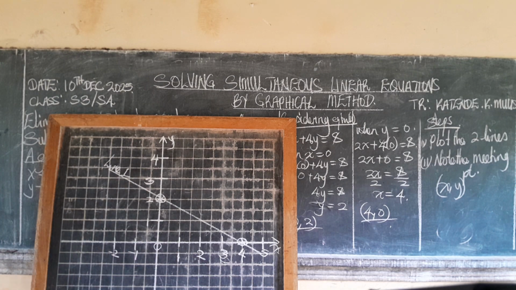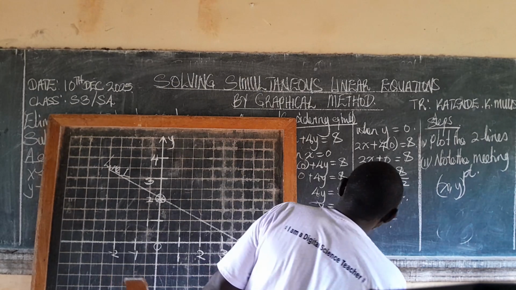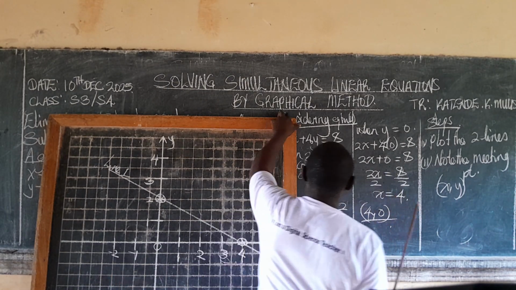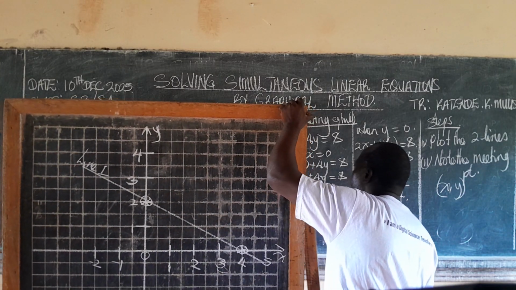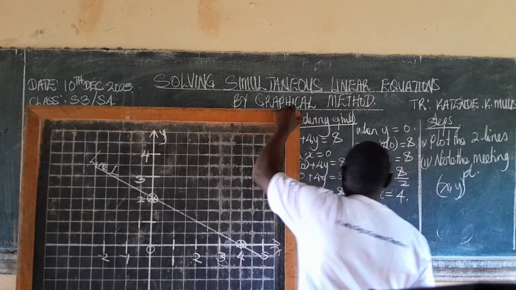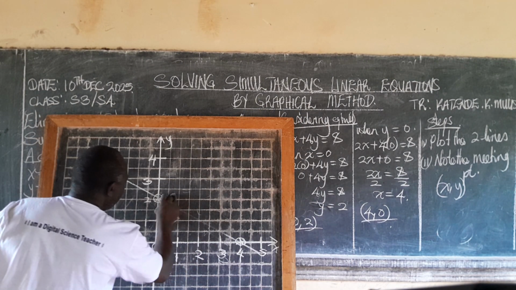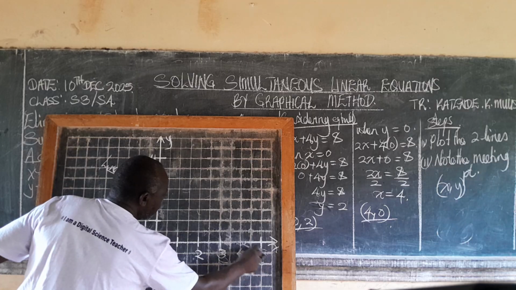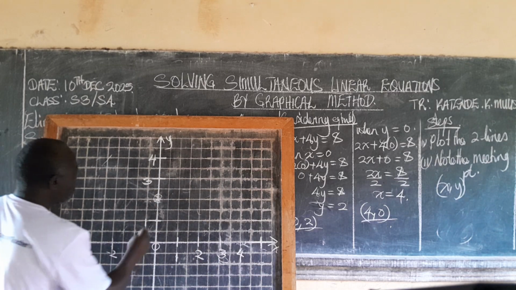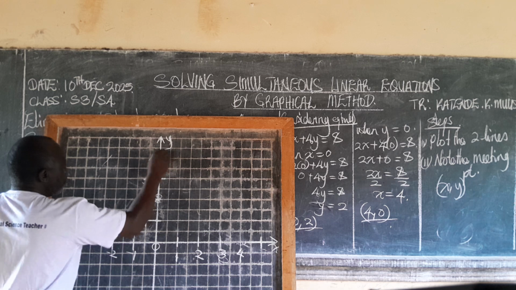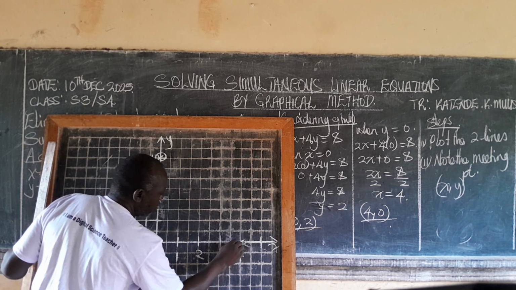Then we go to line 2. Oh, remember, here we had 0, 4 and 4, 0. Excuse me, 0, 4 is here for line 1, and then we had 4, 0 for this one.